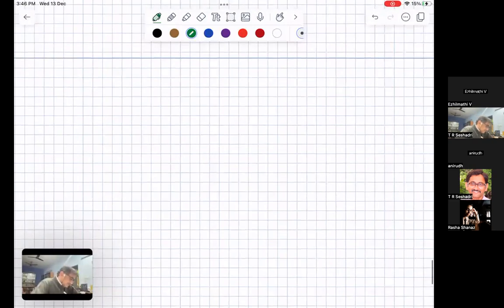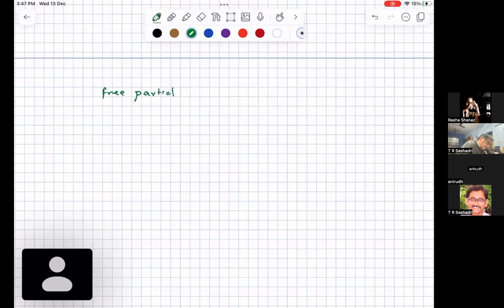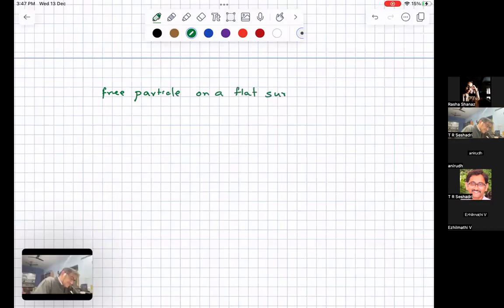So let us consider the following. Suppose I have a free particle on a flat surface. Then the particle will travel in a straight line.